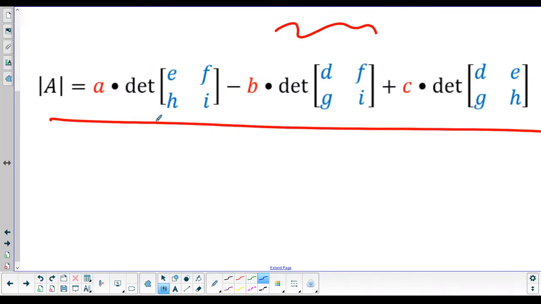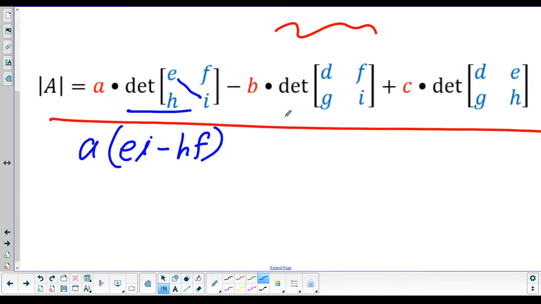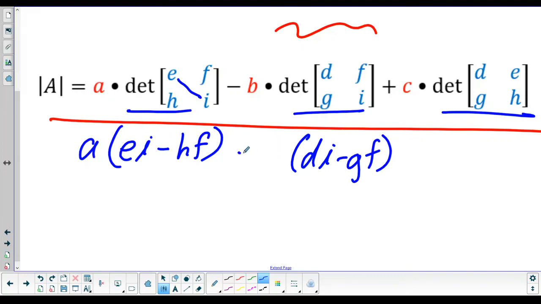This determinant is actually E times I minus H times F, and then that's times A. So they rewrote these three determinants as these binomials, right? This one is DI minus GF times negative B, and then plus C. This is DH minus GE.